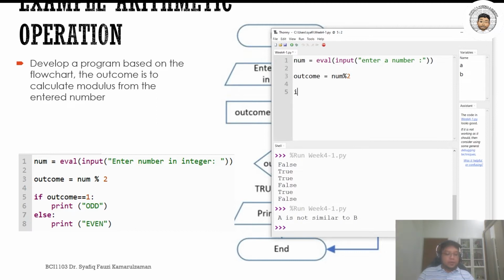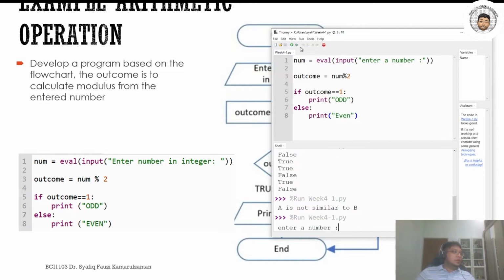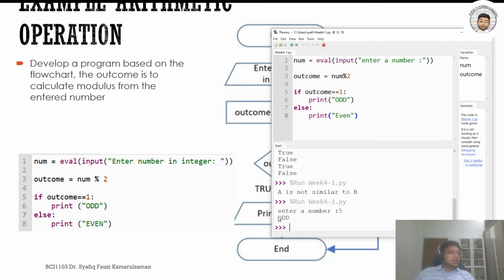And then you have if outcome equal 1, print odd, else print even. When you run it, you have here enter a number down here. For example, you enter number 5, so you get the answer: odd.